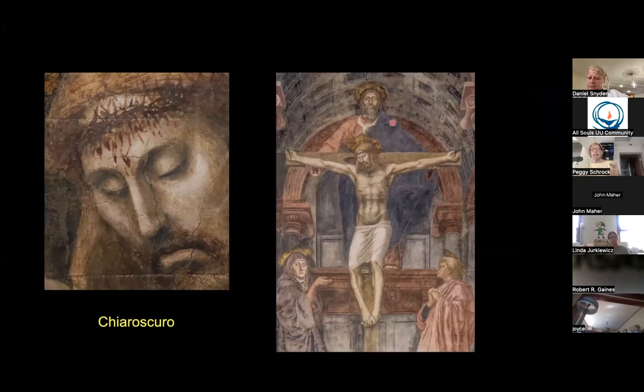So that's the Father, the Son, and the Holy Spirit. That's why it's called the Trinity. So again, we get the Trinity, and God seems to be standing on a ledge here, with his hands out, kind of holding up the cross. You see chiaroscuro in the body of Christ, in the face, all those shadows and highlights, creating a three-dimensional form. That's where you begin. There's the dove, the Holy Spirit.